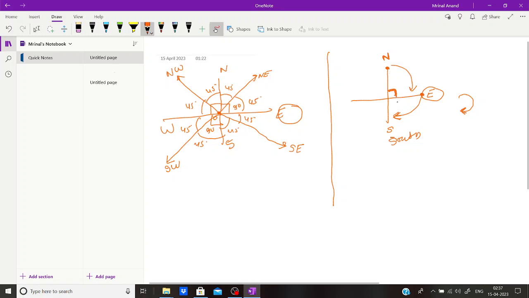So if you are in this south direction, and someone asks you to move anti-clockwise, up to 90 degrees anti-clockwise, then you again reach the east, and from this east, if someone says to travel again 90 degrees anti-clockwise, then again you will reach the north.